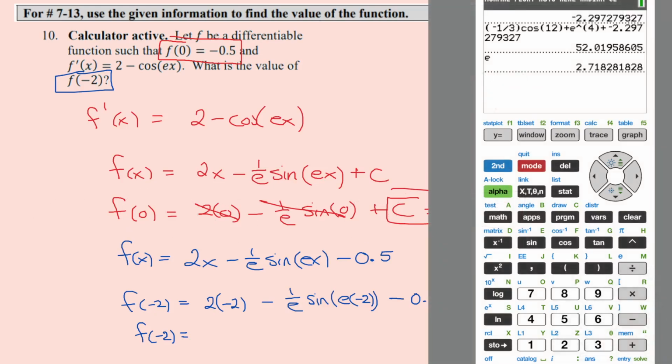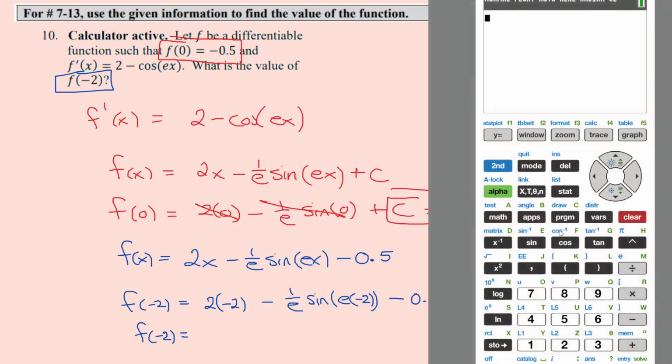then I'll be looking at a little something I like to call negative 4 minus 1 over e. Let me put that in parentheses. And this is the e I meant, by the way. You guys probably knew that and were yelling at me again, but that's okay. Sine of negative 2e.